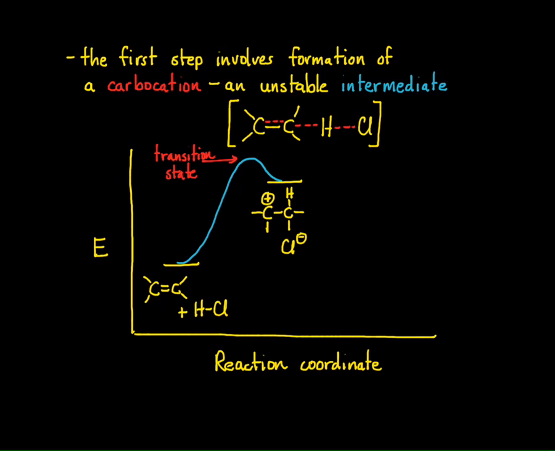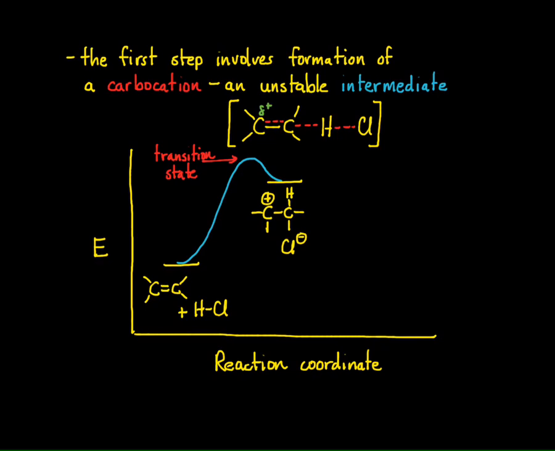The electrons from the pi bond are disappearing to form a new carbon-hydrogen bond, and the hydrogen-chlorine bond is starting to break. In that process, notice the carbon starting to take on a partial positive charge. The carbon on the left does so because it isn't accepting, it's donating electrons. The center carbon is going from one bond to another, and therefore it's neutral. The hydrogen's going from one bond to another, so it's neutral as well.